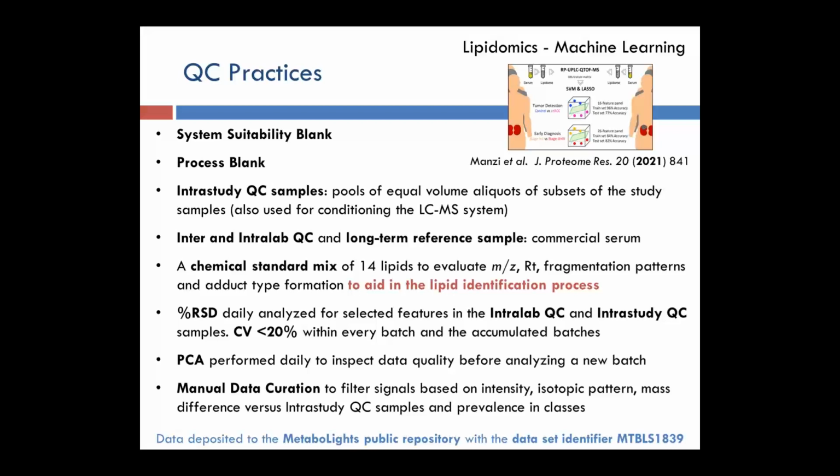As well, in this study, we daily analyzed the relative standard deviation for selected features in the intra-lab QC and intra-study QC samples. And we guaranteed that we had a CV under 20% within every batch and the accumulated batches. We daily performed PCA analysis, and again, we curated the data manually at the end. And the data has also been deposited to the Metabolomics public repository.